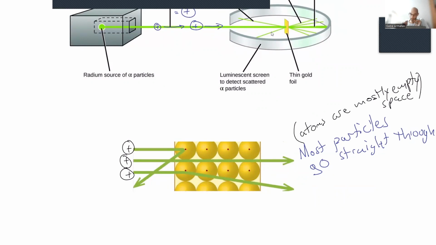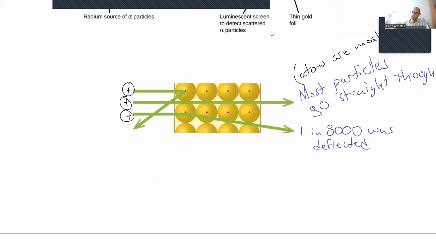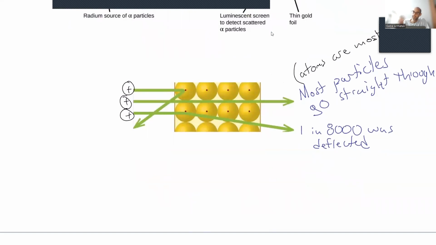And when I say majority of them, I mean that, because the second thing he discovered is 1 in 8,000. So only 1 in 8,000 was deflected. Okay, so 1 in 8,000 was deflected. And what that says is it didn't stop.